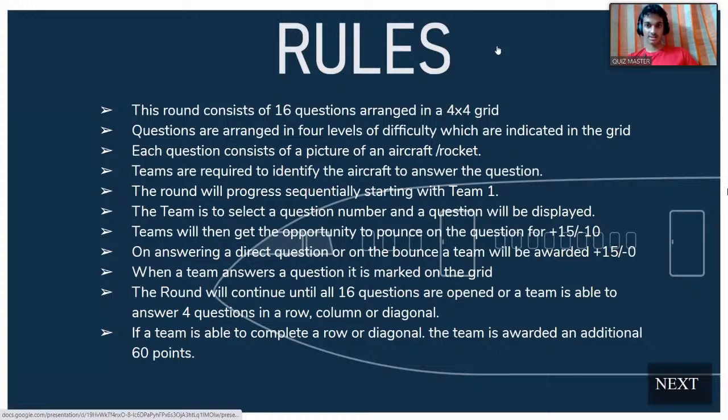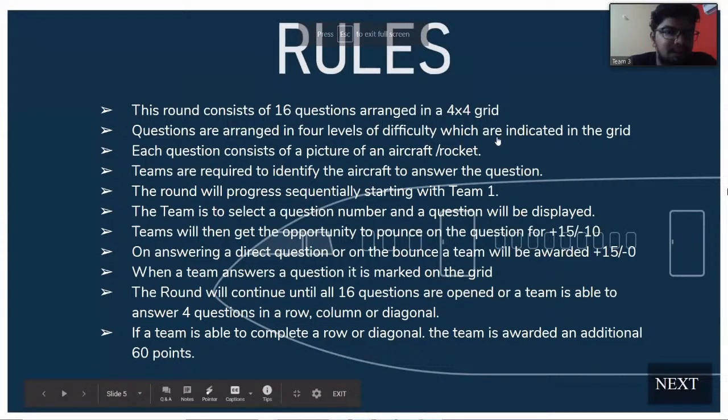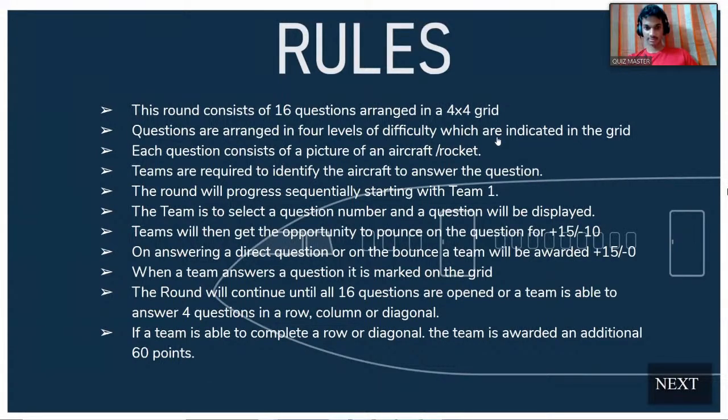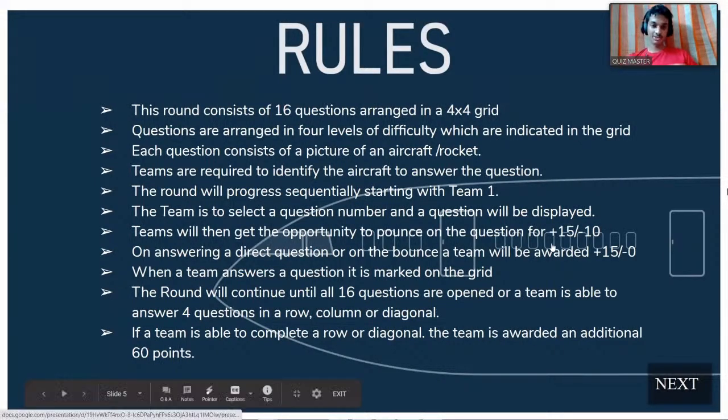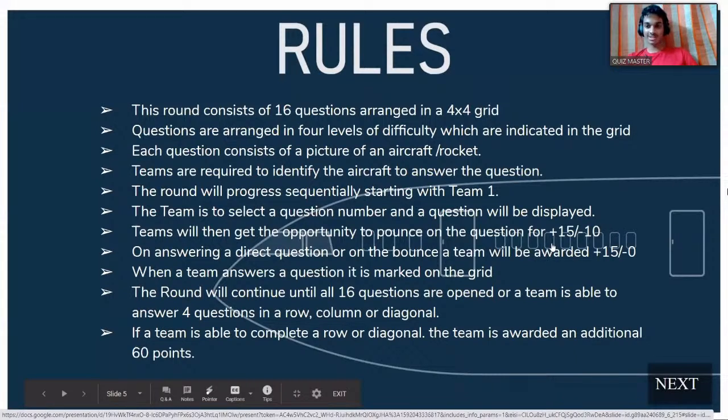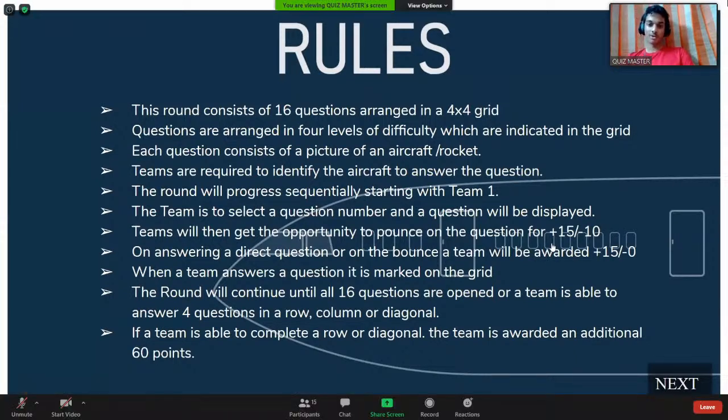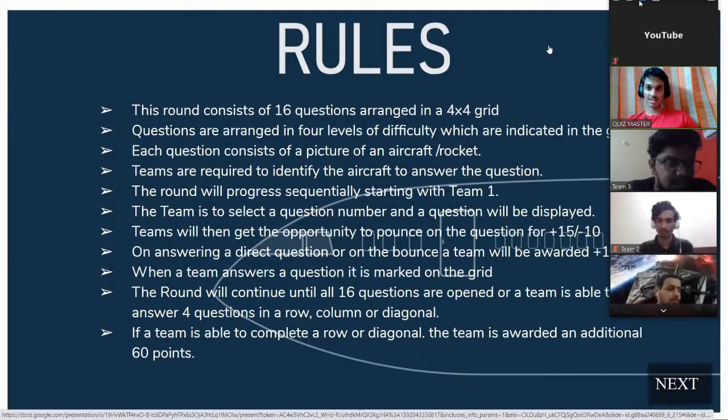Okay, is that clear? Guys, is that clear? So we will continue this round until all 16 questions are answered, or one or more than one team gets 4 in a row. That's how it works.